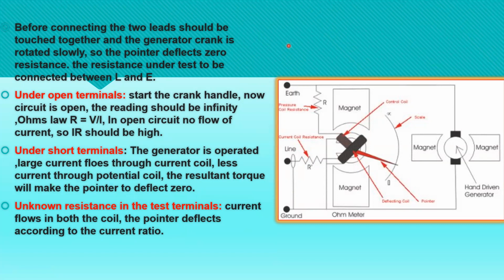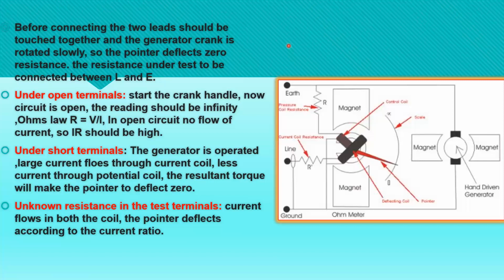The resistance under test is to be connected between L and E. So before connecting the leads, we make the two leads touch together and see what is happening. The generator will be rotated slowly and the pointer will deflect to zero resistance.